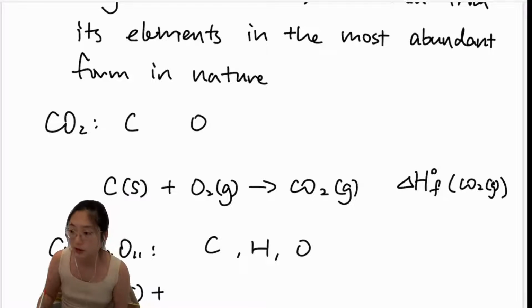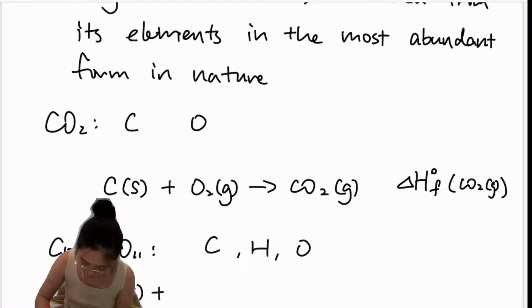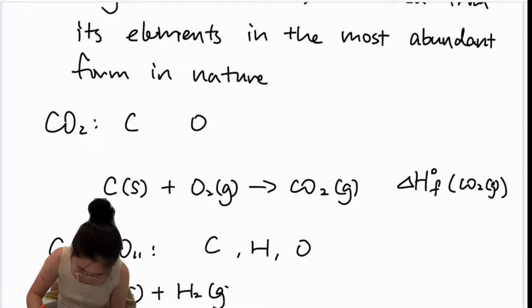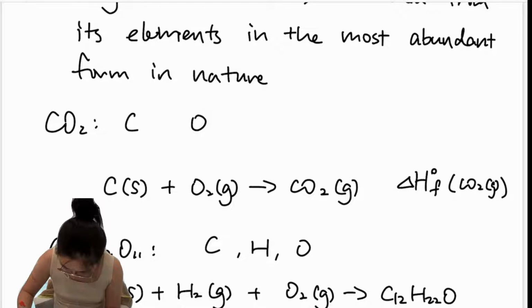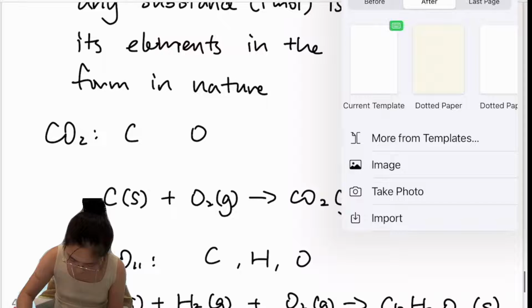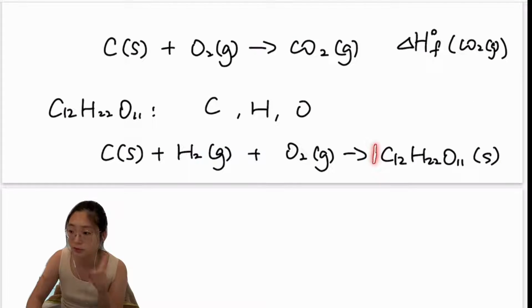Hydrogen and oxygen are in the form of gas, diatomic molecules. So it's hydrogen gas and oxygen gas forming C12H22O11. Remember that for the product side, the coefficient should always be 1.